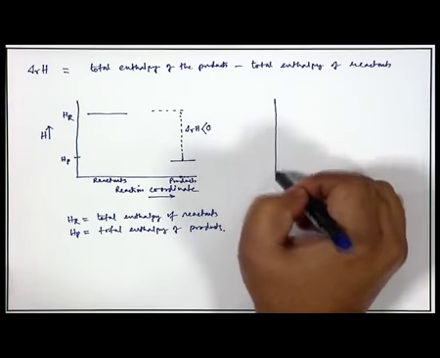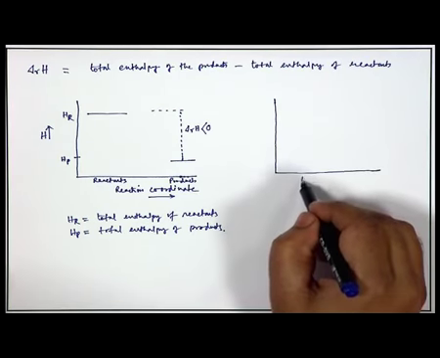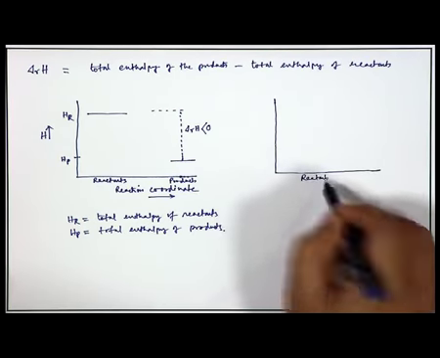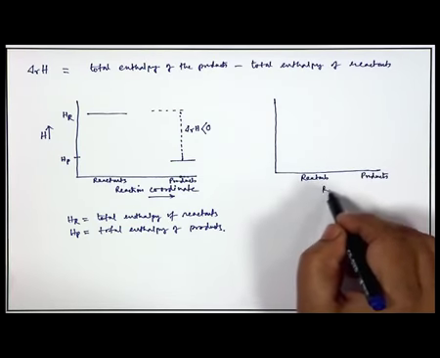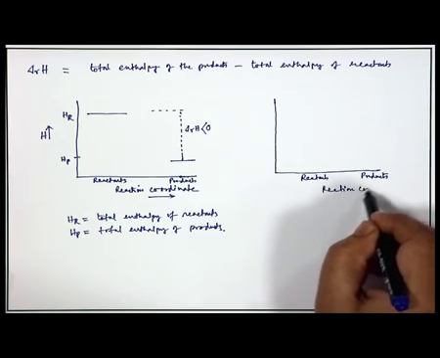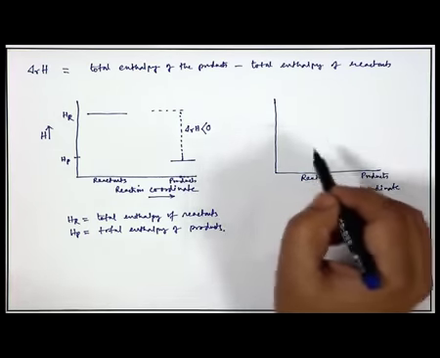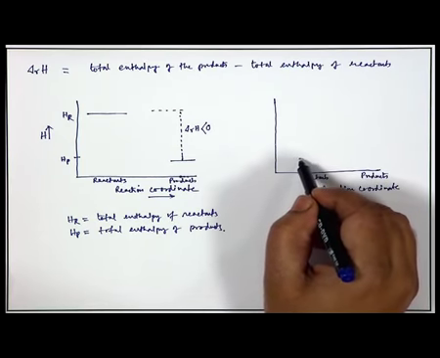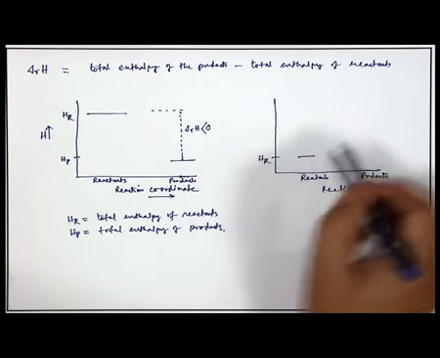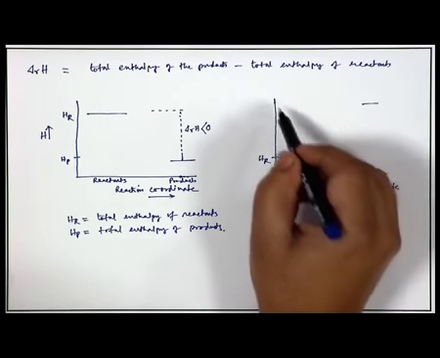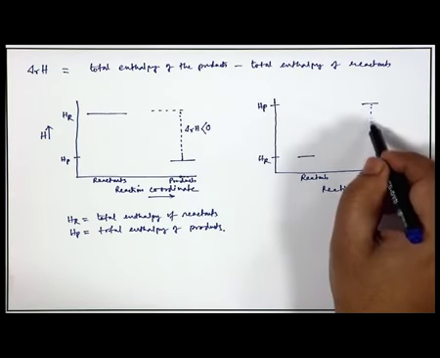Similarly, if I have the other case, where I again have reactants and products along the reaction coordinate, with the reactants at a low level, H_R, and the products at a higher level, H_P, the difference is this.